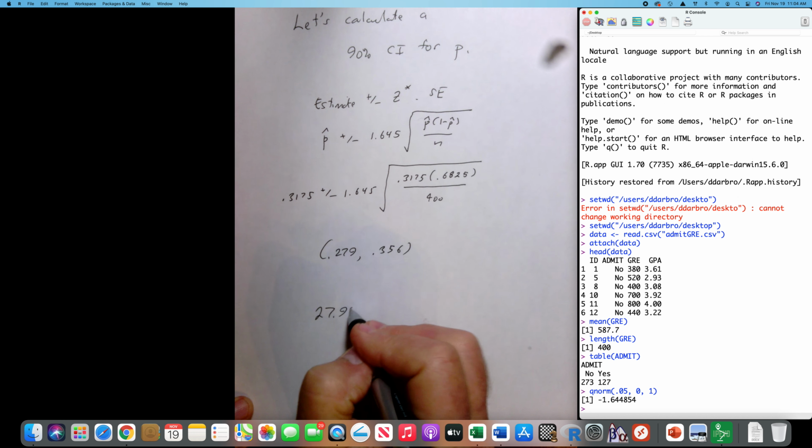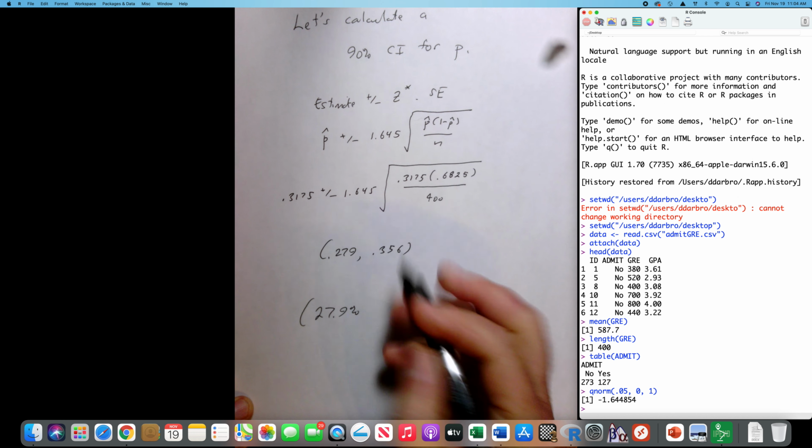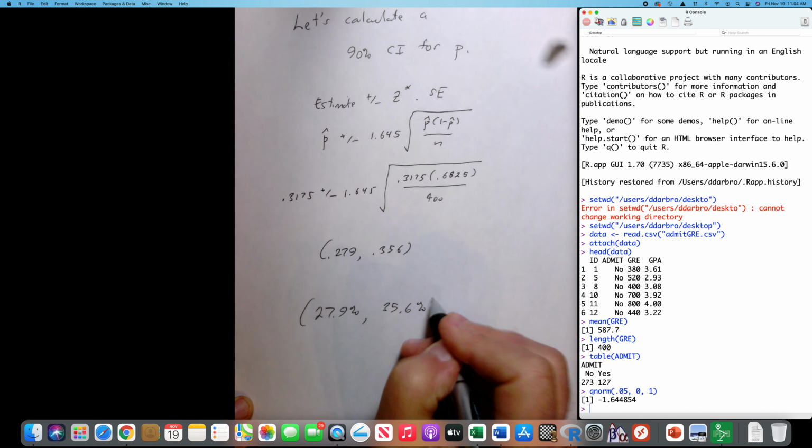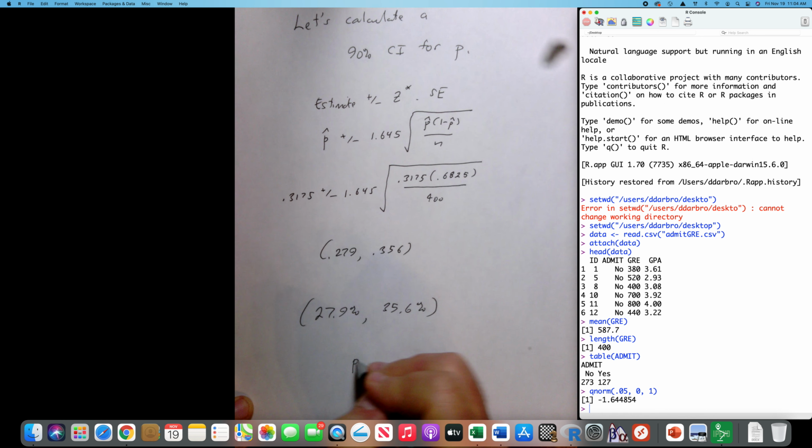So we're going to say that there is a 0.95 probability that that interval contains the unknown value for P. Notice it's centered around our estimate of P hat, which is 0.3175.